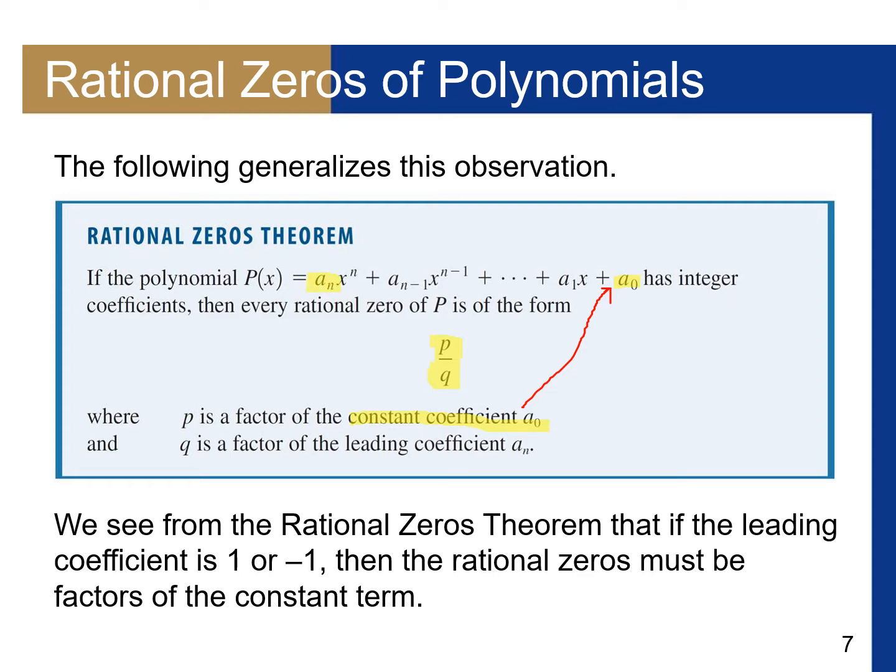If I put all the possible factors of P over all the possible factors of Q, I can narrow down what my zeros are. Now you might think, well, that could be a lot. Well, it could be, but it's a lot less than infinity by just taking a shot in the dark and just guessing.